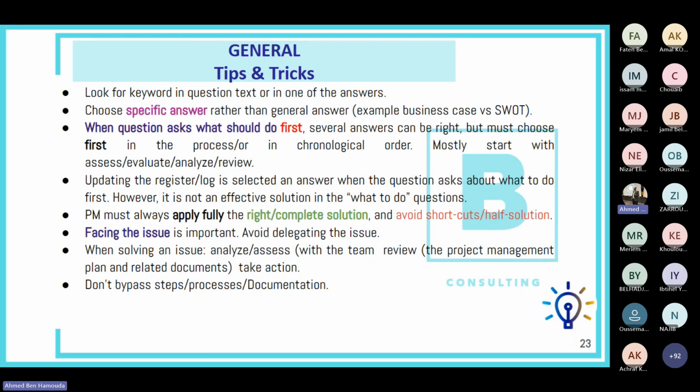The keyword was the planning phase, and all the answers were about activities done in the execution phase or the initiation phase, and only one answer contained an action that is usually done in the planning phase.